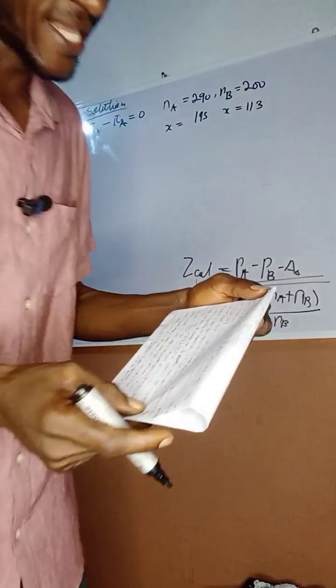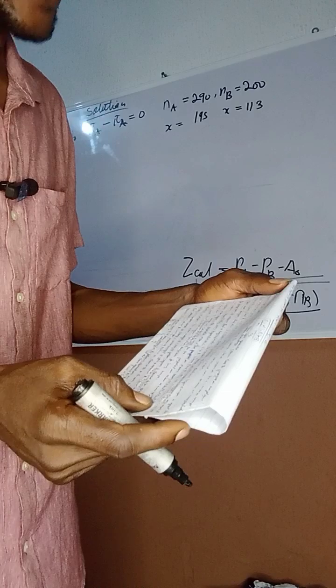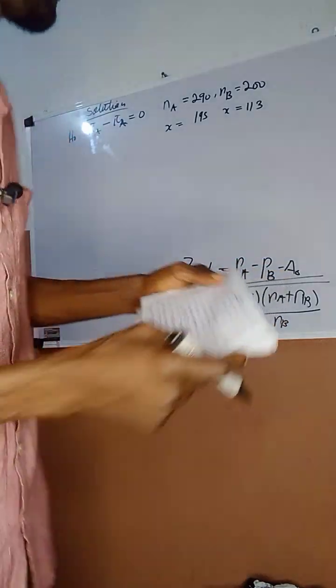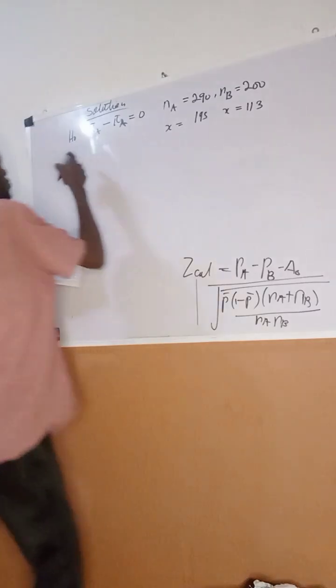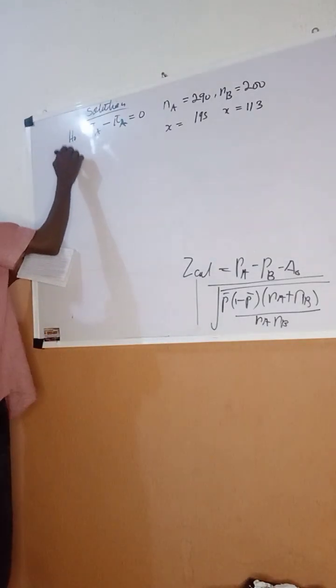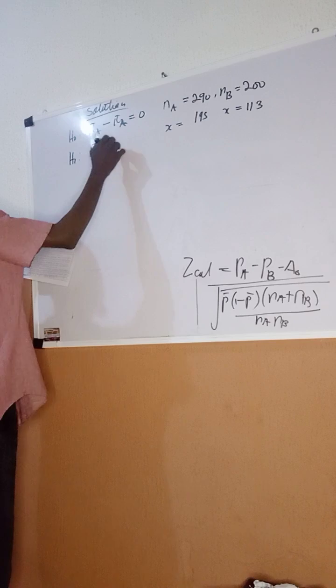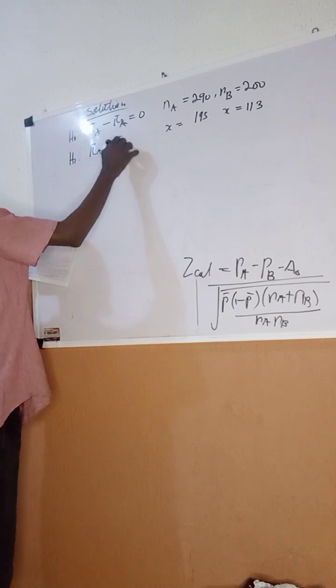They say test the claim that pi A is greater than pi B. So the alternate hypothesis H subscript 1 is that pi A is greater than pi B.